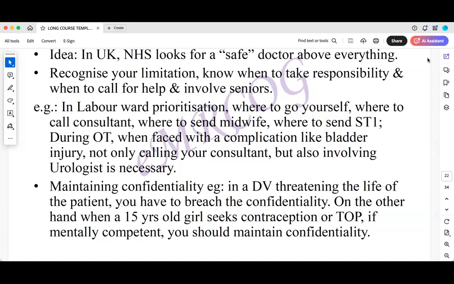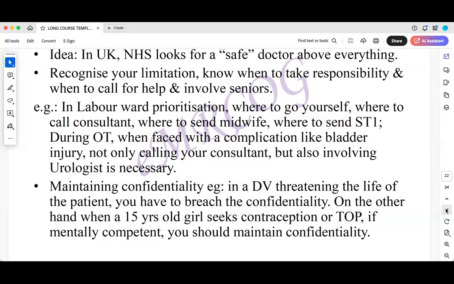So you are affecting the patient's safety, the patient's life, the hospital safety, and your license as well. They will not let you practice medicine in the UK like this, right, guys? So please, please take care of the safety point.